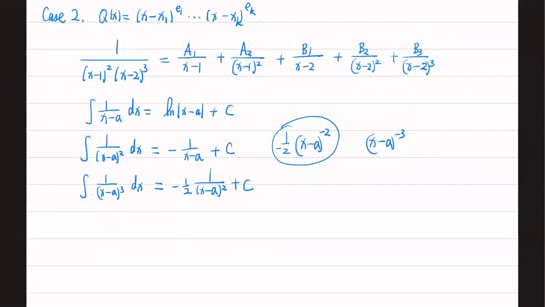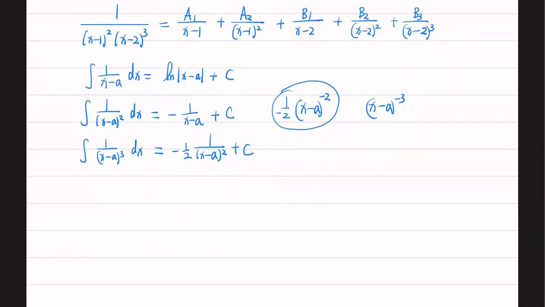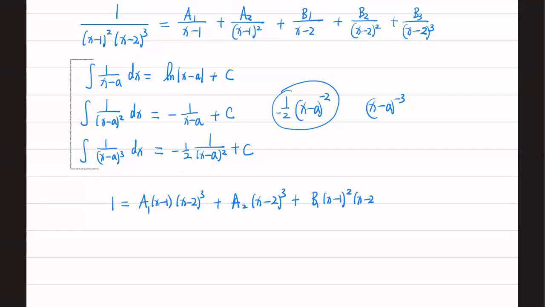Okay, let's try to find the coefficients. The first step, we are going to multiply both sides by this factor to kill the denominators. A1, A2, B1, B3.